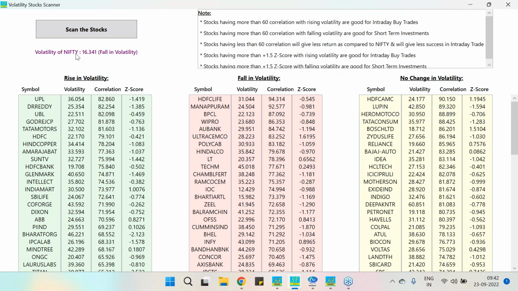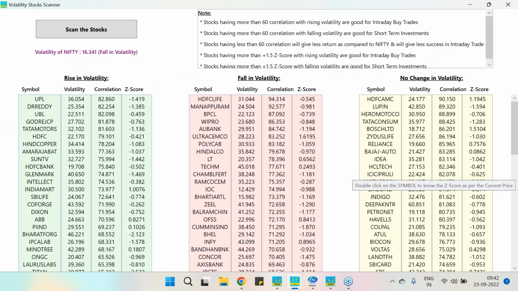Nifty will always be the independent. The rest of the stocks will be dependent stocks. The first rule for the pair trade using Z score is that correlation must be above 60%. Only then can you enter the pair trade.